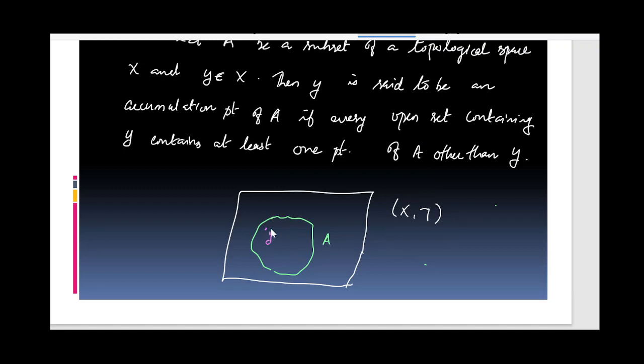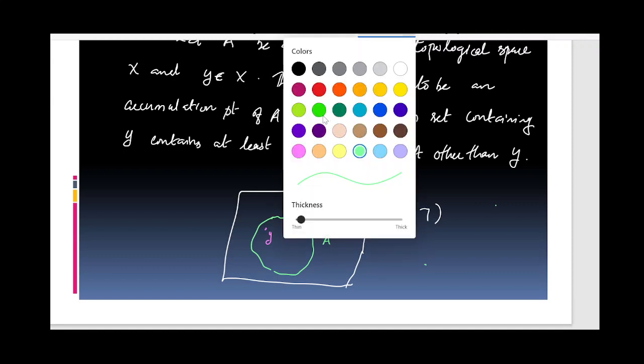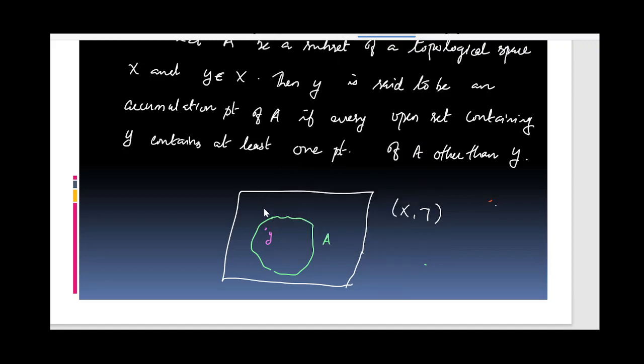Now y is said to be an accumulation point of A if you take an open set containing y. Take open sets which contain y. That means some members in your tau which contain y.